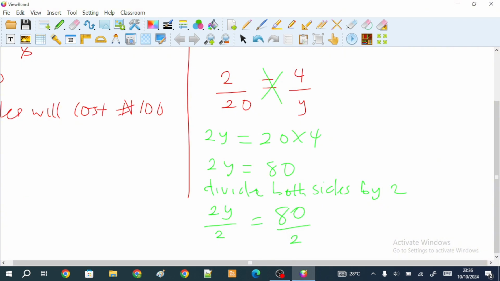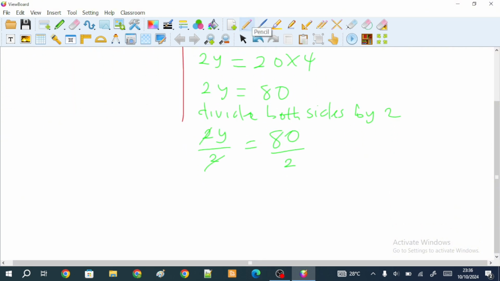All right, so the 2 in the denominator can divide the 2 in the numerator. We have 1Y, which is also the same as Y. 80 divided by 2 is 40.